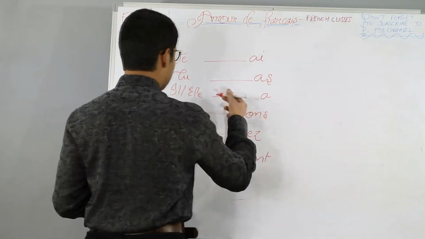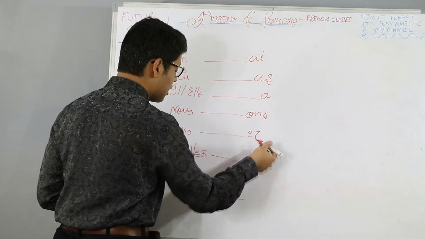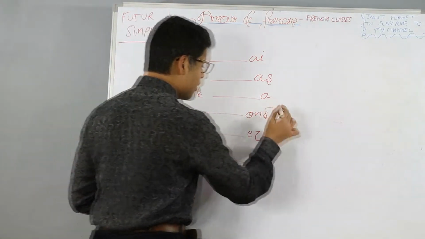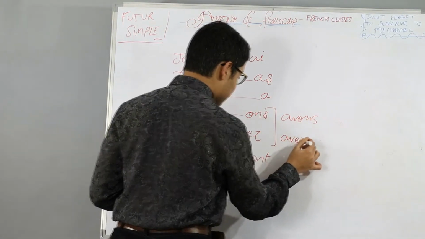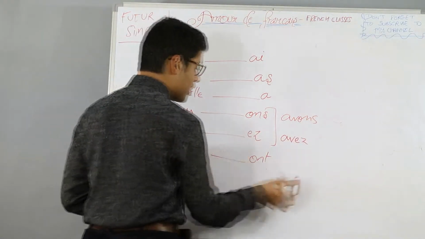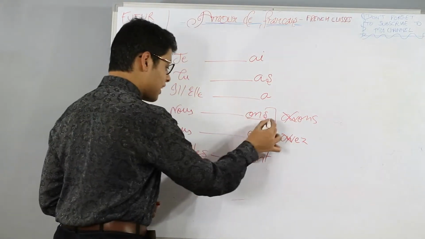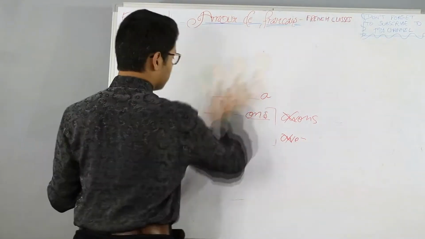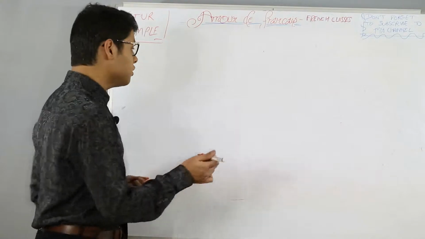So avoir's conjugation is just the same: ai, as, a, ont. It's just that for nous and vous it has changed. For avoir it is avons and avez in the present tense for nous and vous respectively. But here av is removed and we have only ons and ez. That was all for the endings used in futur simple.